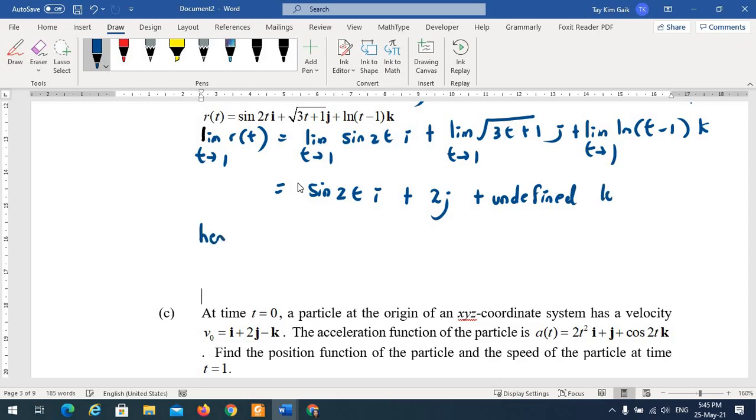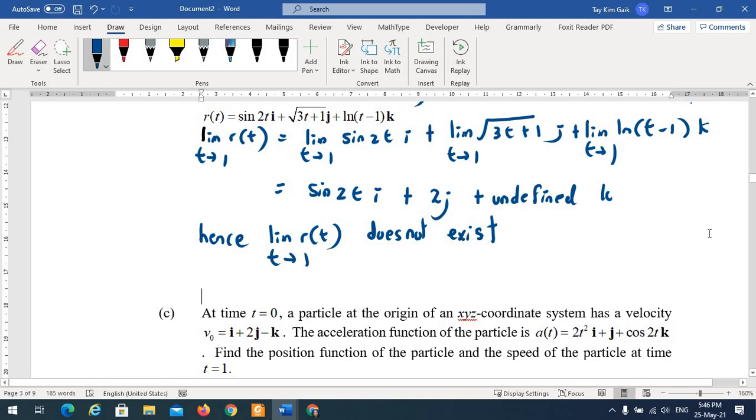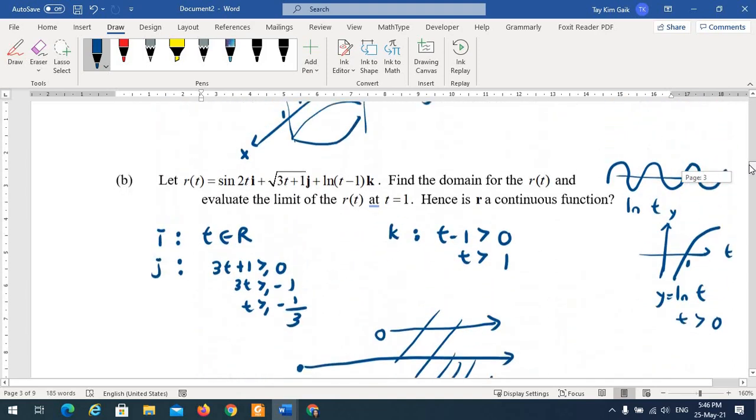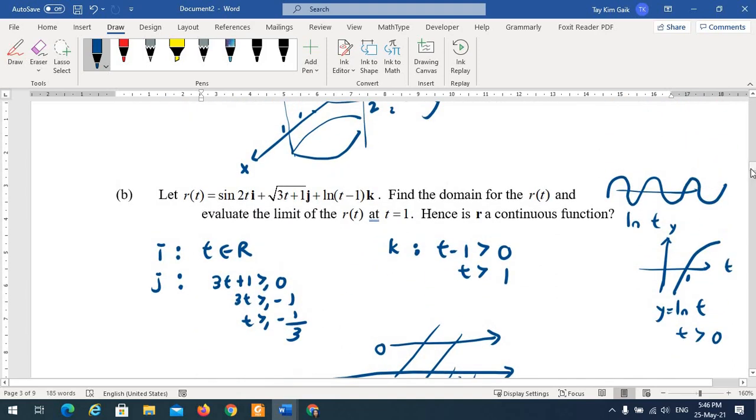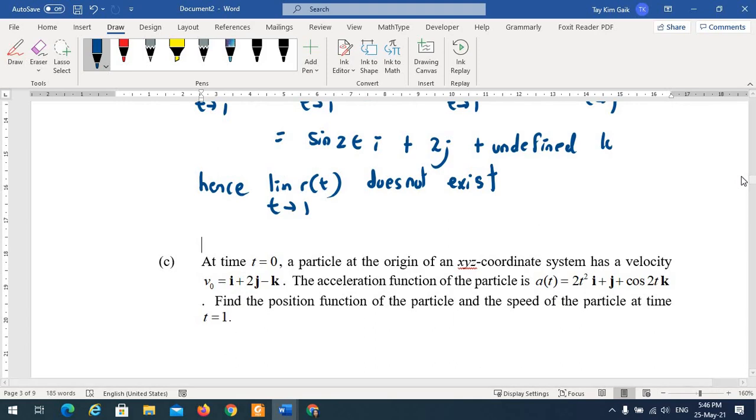Hence, the limit of r(t) when t approaches 1 does not exist. Similarly, when they ask whether the function r(t) is continuous: because the limit does not exist, r(t) is not a continuous function.